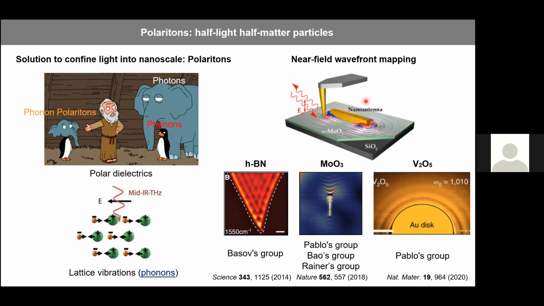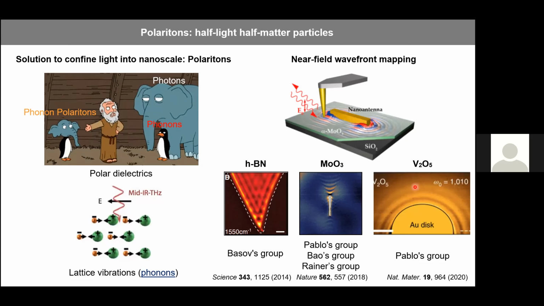With this technique, a lot of groups are working on phonon polaritons. For example, in 2014, Basov's group at Columbia University found phonon polaritons in boron nitride, which is one representative van der Waals crystal. Our group, collaborating with other groups, found other phonon polaritons in other materials, such as molybdenum trioxide and vanadium pentoxide.